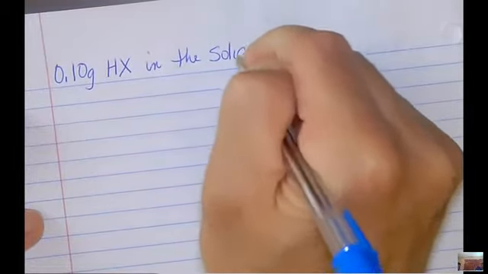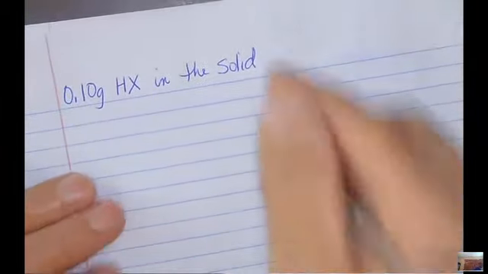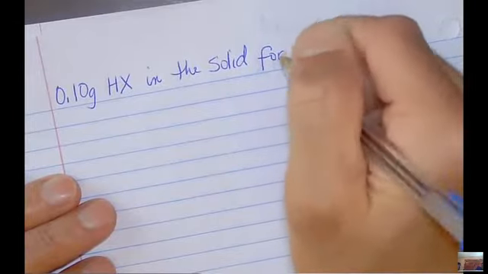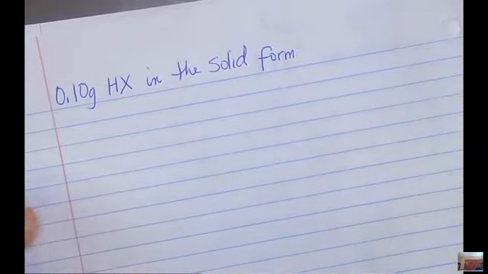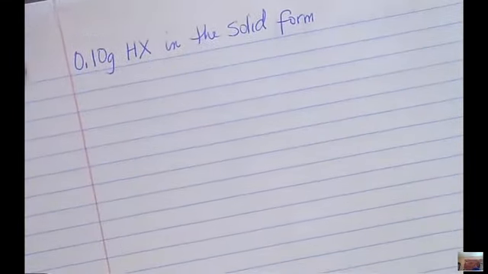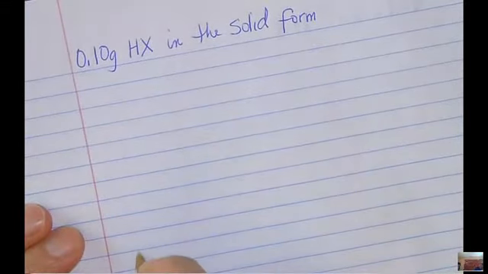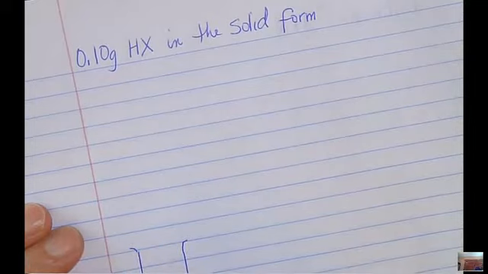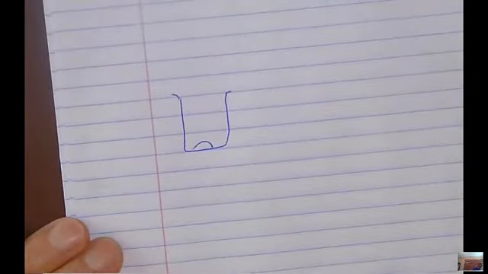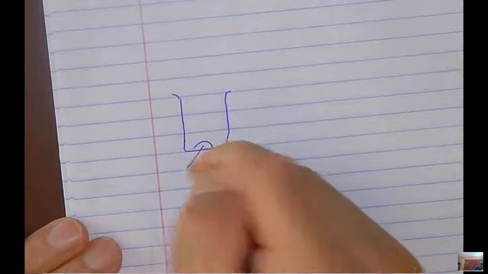And if it's solid, it's pure, right? In the solid form. Not dissolved yet. So it's pure. All right, so what am I going to do? I'm going to take that acid and I'm going to put it all down in the bottom of my beaker. Okay? So there it is.